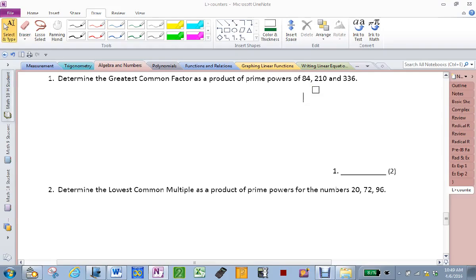Anyway. The problem with this question was this. Did I ever actually ask for the GCF? No. What did I ask for? The GCF. Product of primes. So, technically, all I needed was 2 times 3 times 7.